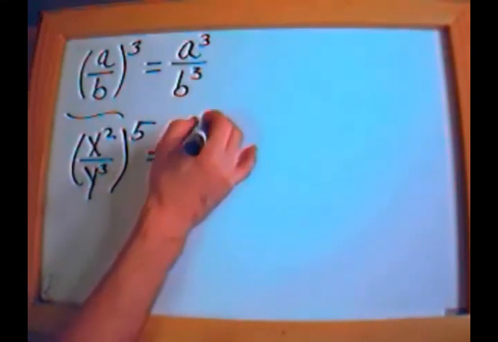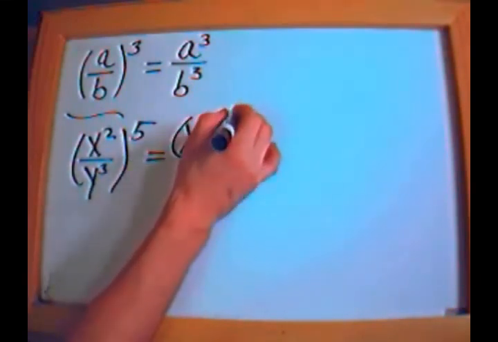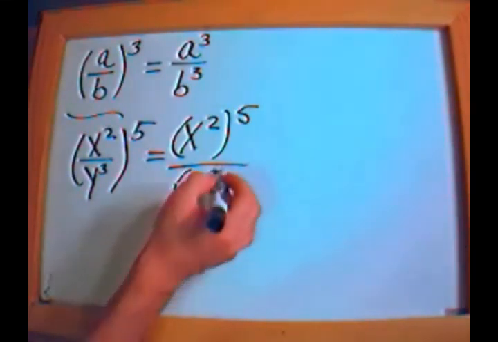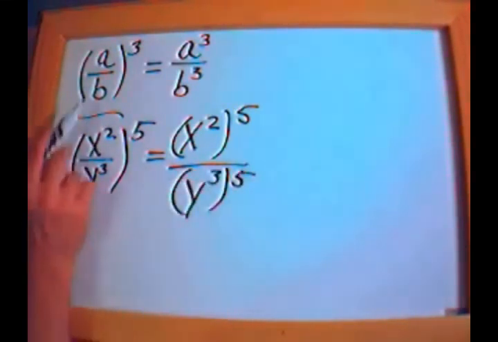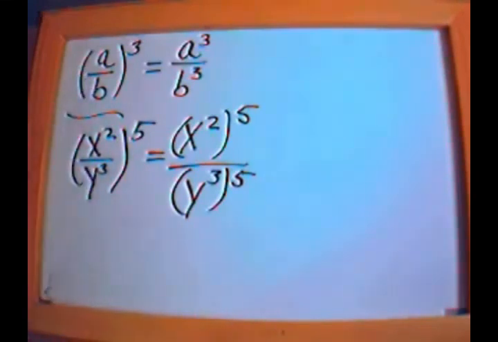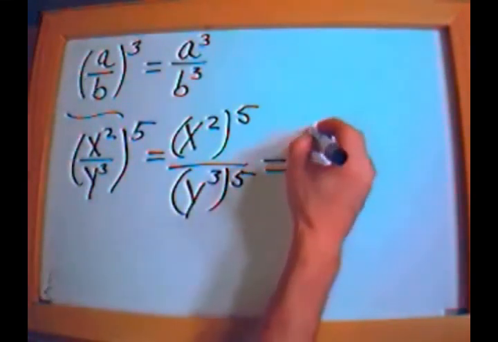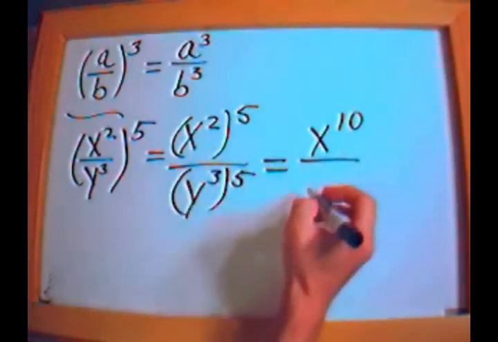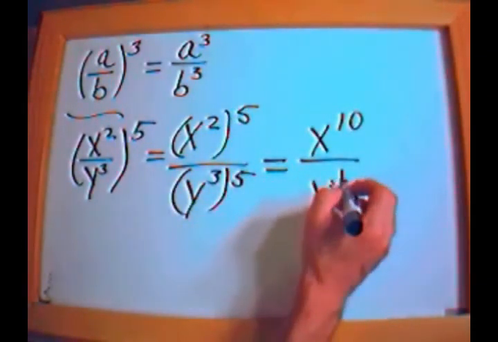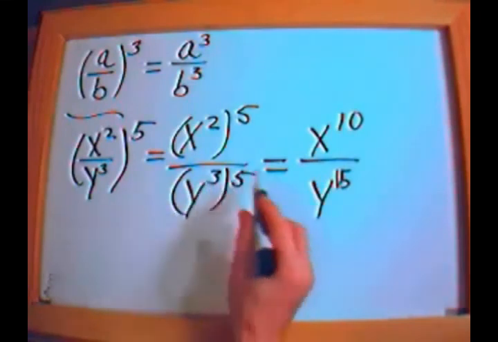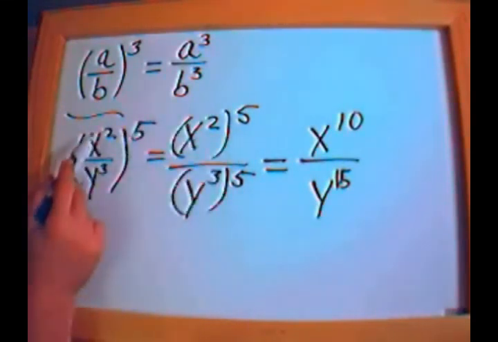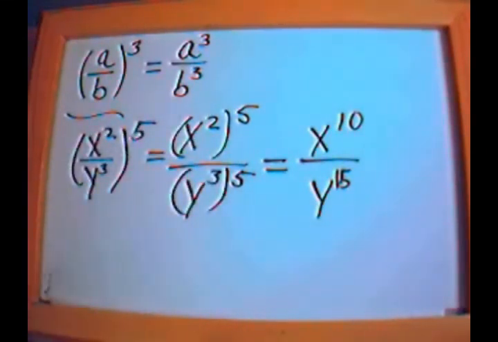So in this case I have x squared on the top raised to the fifth power, and on the bottom I have y to the third also raised to the fifth power, because remember, top gets raised by the power and the bottom gets raised by the power. On the top I'm going to be left with x to the 10th, because 2 times 5 is 10, and on the bottom I'm going to be left with y to the 15th, because 3 times 5 is 15. So all you really do there is you apply the exponent to the top and the exponent to the bottom when you have it like that.